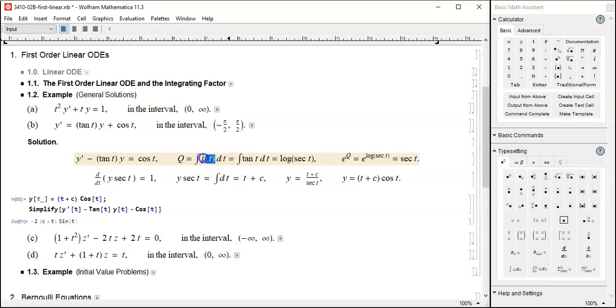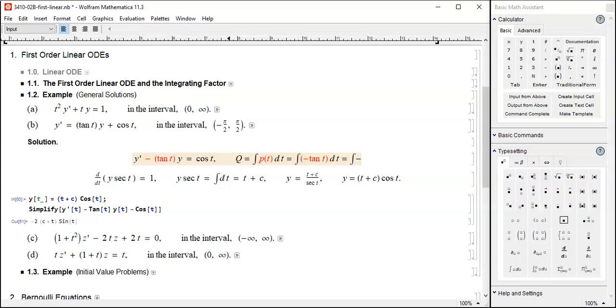What is P of t in this particular case? It's negative tangent of t. You see, this negative sign is part of the next term. So this tangent here is wrong. I need negative tangent. So all these computations from here all the way to the end, they're all wrong, and you have to get it right.